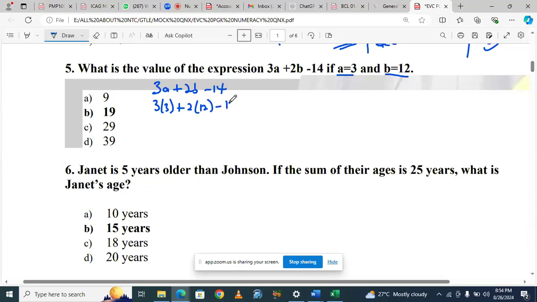So it will be 3 times 3 plus 2 times 12. So 3 times 3 equals 9, and 2 times 12 equals 24.